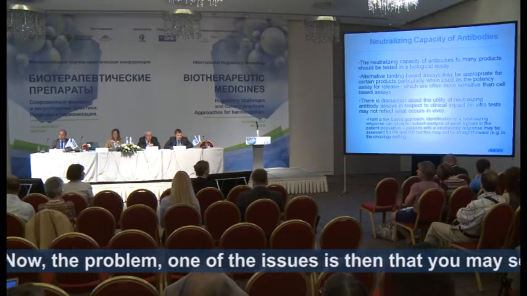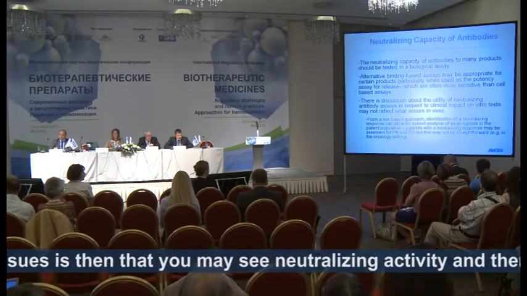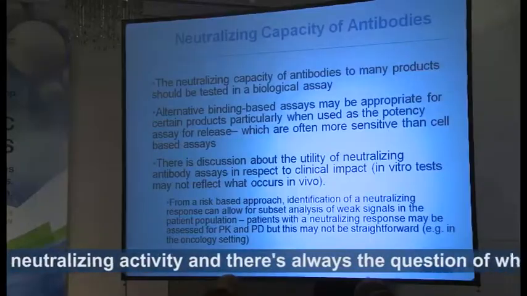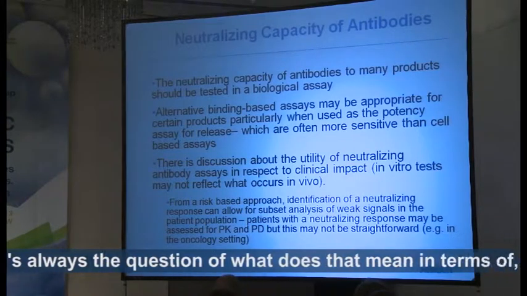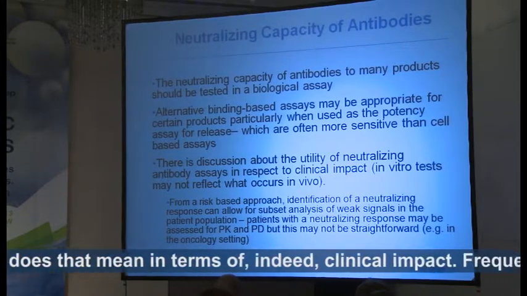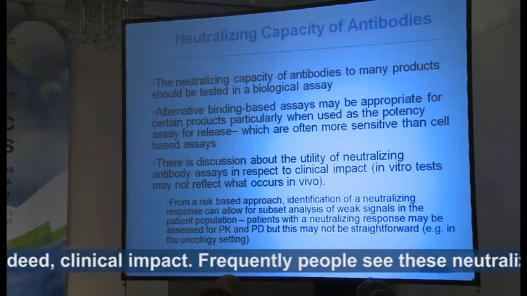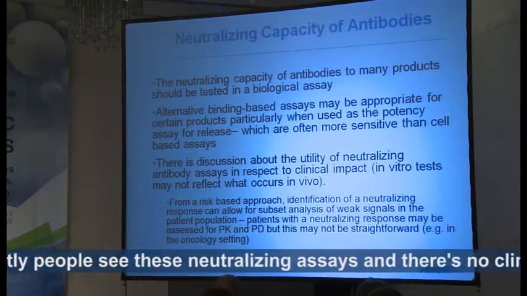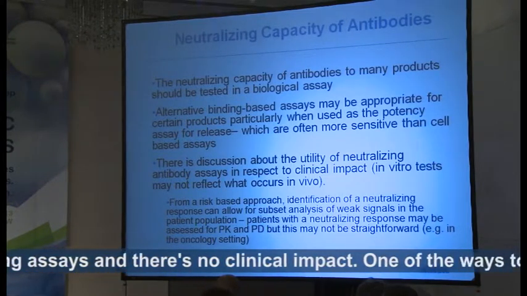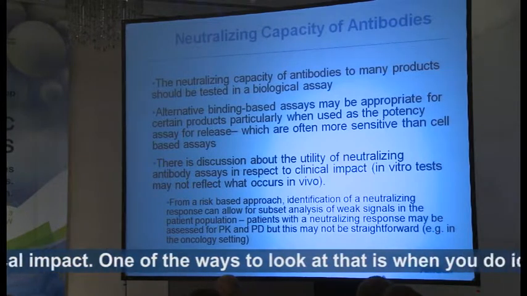Now, one of the issues is that you may see neutralizing activity, but there's always a question of what that means in terms of in vivo clinical impact. Frequently, people see these neutralizing assays, and there's no clinical impact.